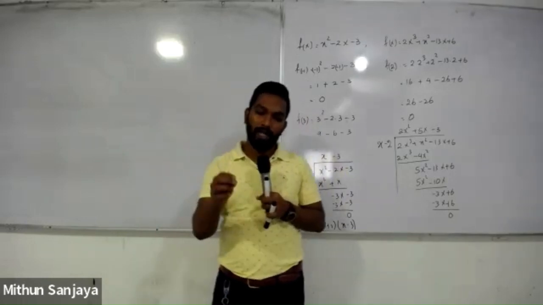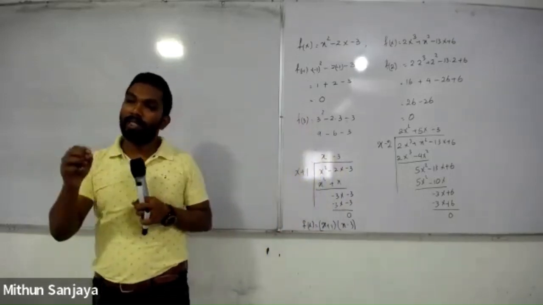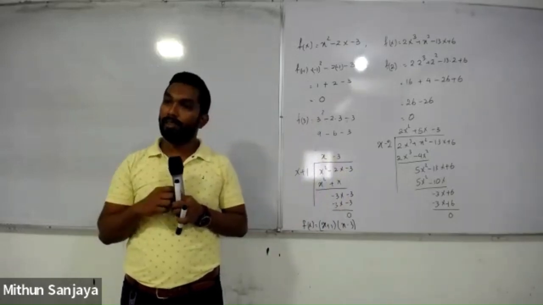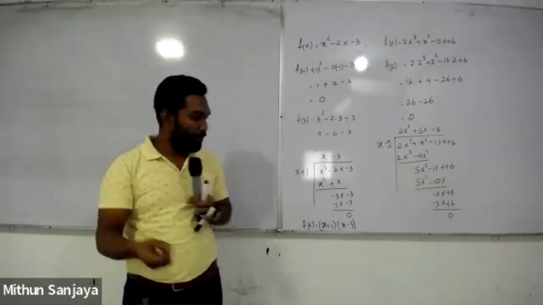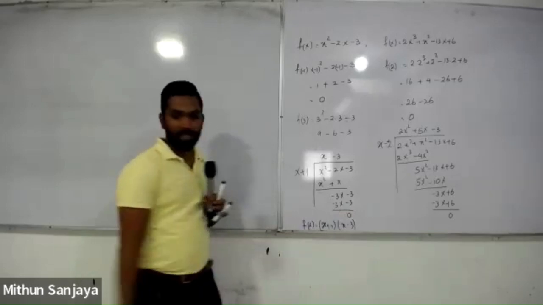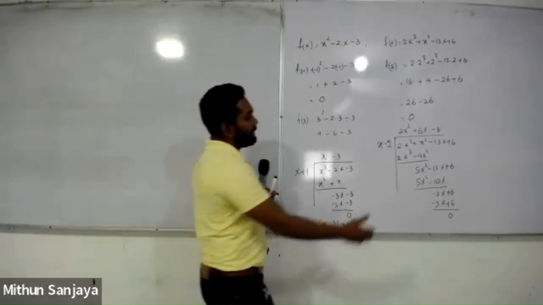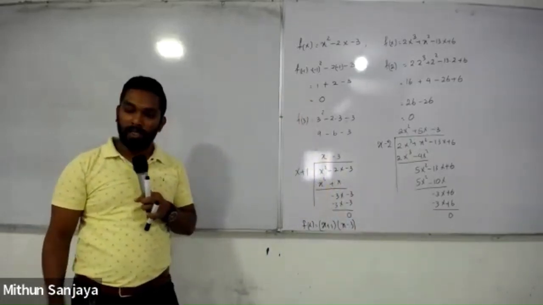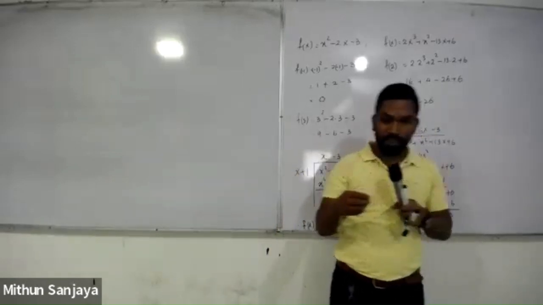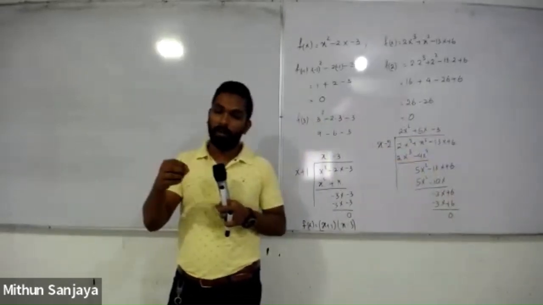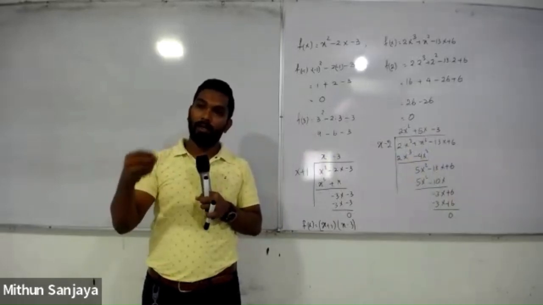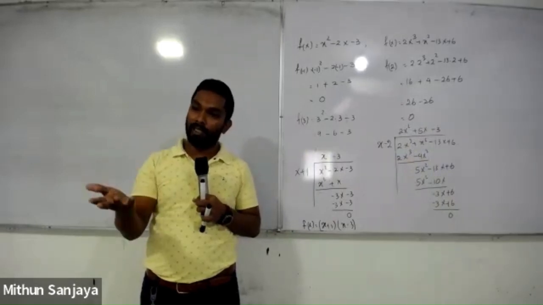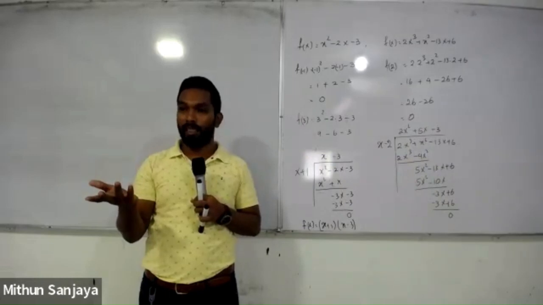Now, if a function like this is given, we need to substitute values. We substitute other values too. If a function is given and it has the factor x minus 10, then it is up to 10.